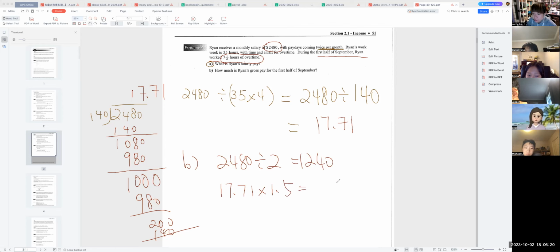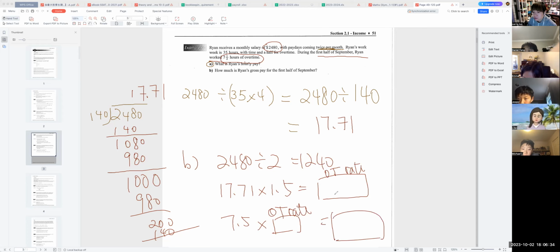Good job. Okay, then you times this one. So this is the OT rate, right? That's the OT rate. Okay, Michael? But how many hours is 7.5 times the OT rate, right? Everybody? Okay, please calculate how much is the money. So you need to calculate the OT and you calculate the regular and plus them together. Understand, Lilac?